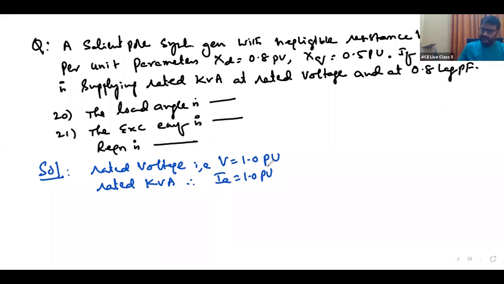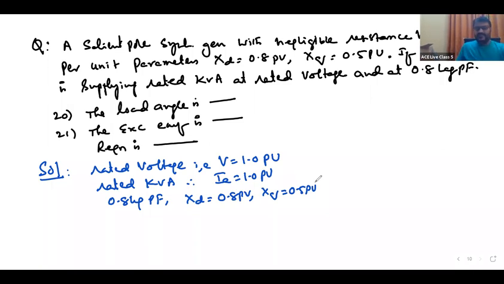Power factor is 0.8 lagging. XD is 0.8 per unit and XQ is 0.5 per unit. First calculate tan psi, which you need to find delta.